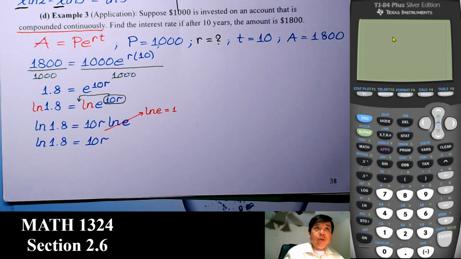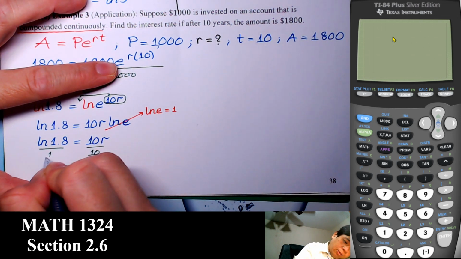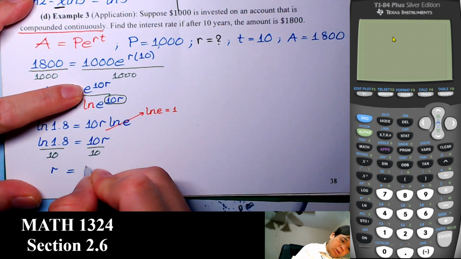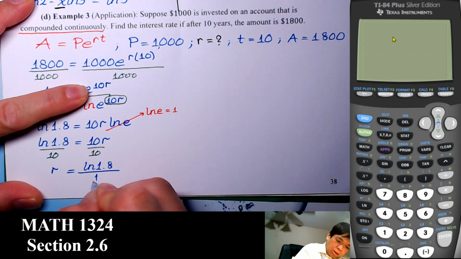And if we want to solve for R, we can divide by 10 on both sides. So R is equal to ln of 1.8 divided by 10.